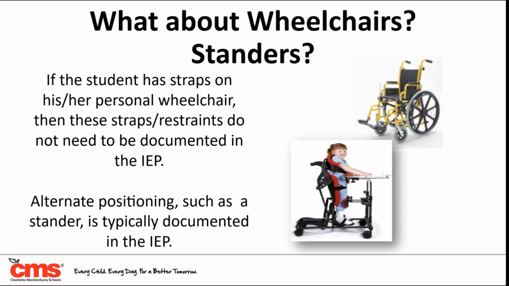So, what we want to do is make sure, and I have also seen physical therapists documenting in the IEP that they require a wheelchair for trunk support. You'll see PTs putting different things in there because it's really student specific, right? If you have the student like I was explaining before who's semi-mobile, who's not always using it, that is something you want to document in the IEP because it's unique to them.